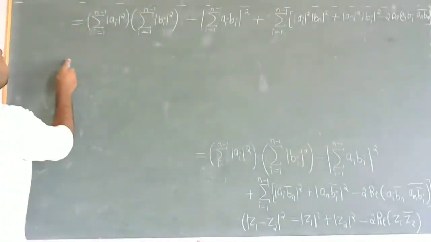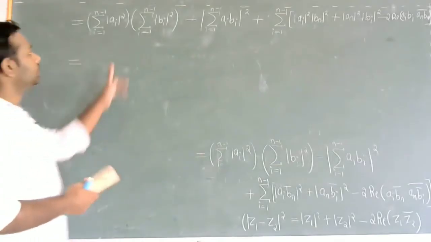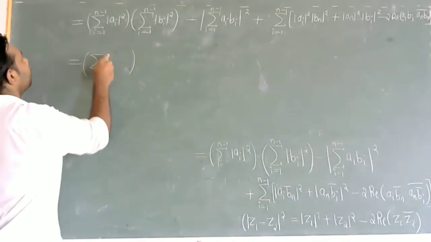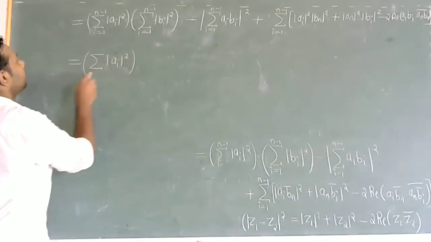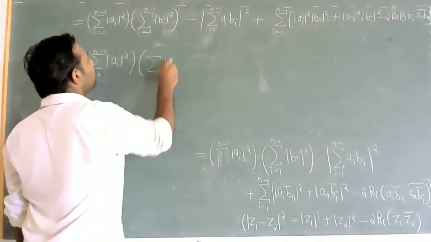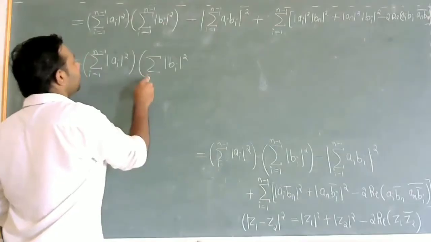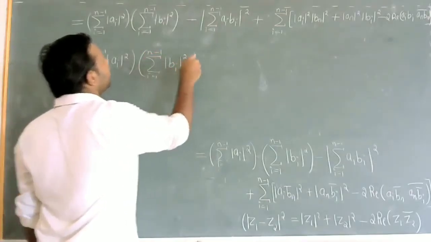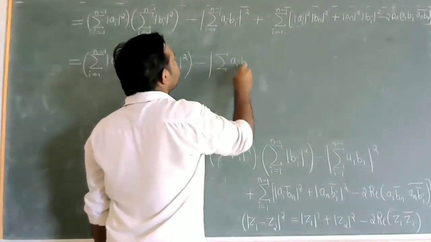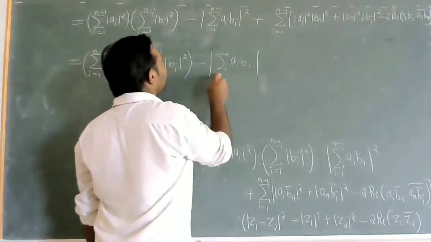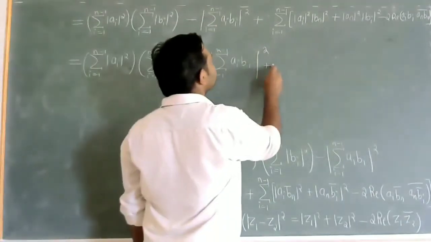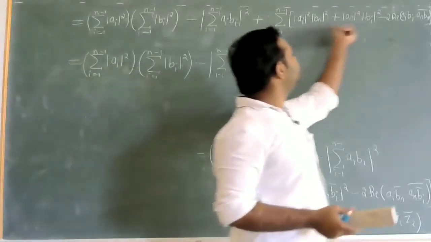Now once again this step is equal to, so these two terms as it is, summation modulus of ai whole square, i running from 1 to n minus 1, summation modulus bi square, i running from 1 to n minus 1, minus modulus of summation ai bi, i running from 1 to n minus 1, whole square plus, so we have summation of these three terms.